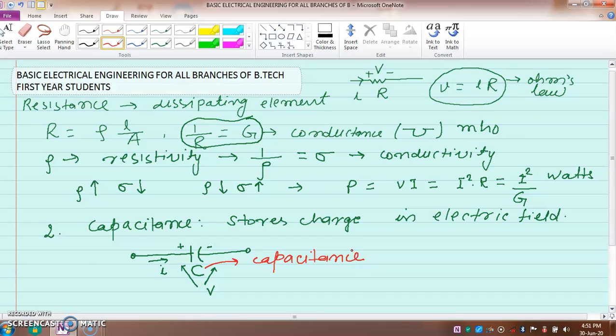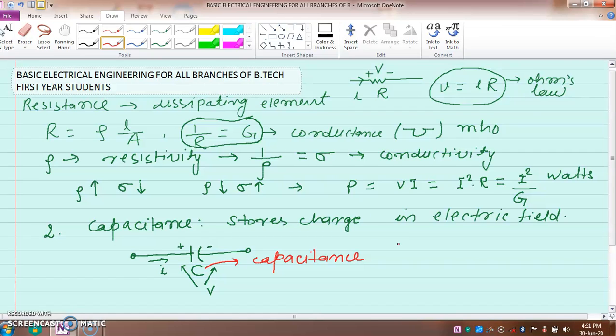A capacitor is a physical element which exhibits the property of capacitance. The property of capacitance means it stores charge in an electric field.